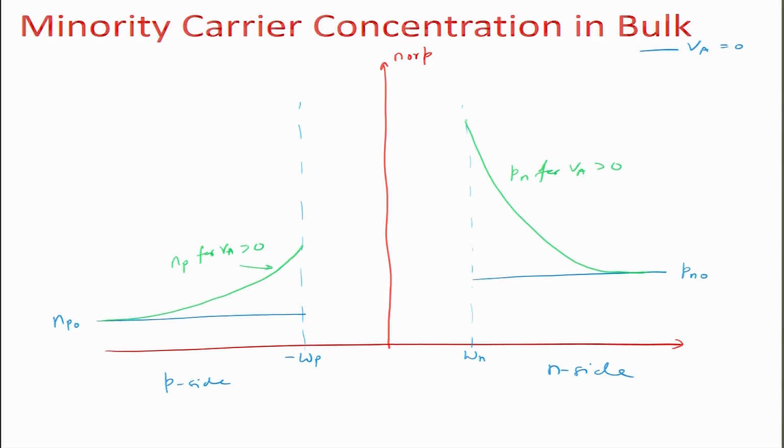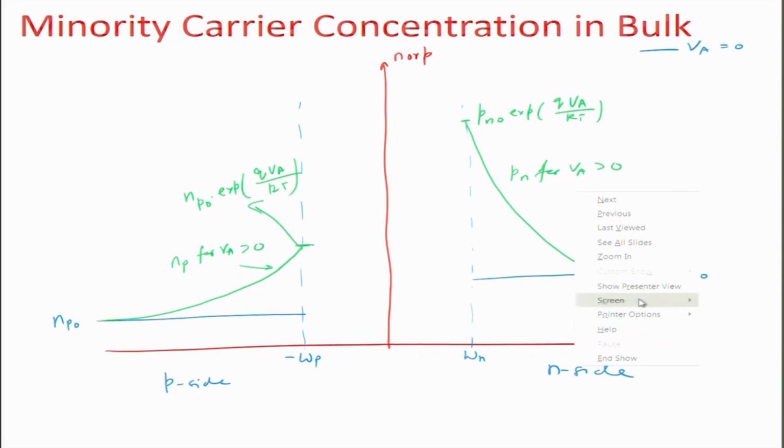And this value would be given by the expression that we wrote earlier. So this would be equal to Pn naught exponential of Q Va by Kt, and this value will be given similarly by Np naught into exponential of Q Va by Kt. This is simple straightforward mathematics, there is nothing too clumsy about it.